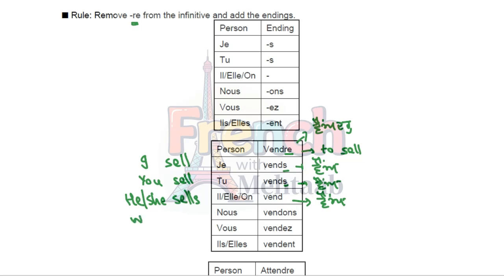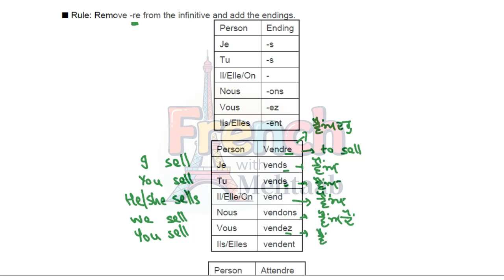For saying that we sell, we would say nous vendons. We would remove RE from the end and we would add ONS. Nous vendons. We sell. If you want to say you sell in the formal way, then the termination would be EZ at the end. We would cut RE from the infinitive form of the verb, and we would add EZ at the end.